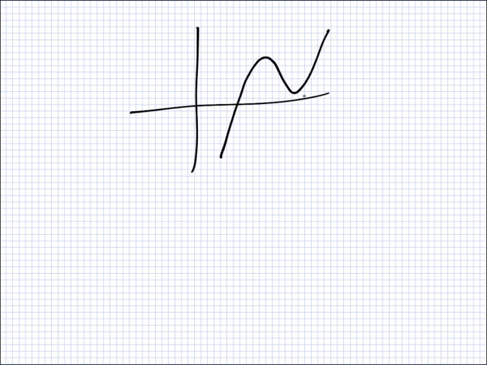It's many-to-one, because if you draw a horizontal line here, you get 1, 2, 3 intersections. What about D? D is one-to-one. Because look, you can write it like this.